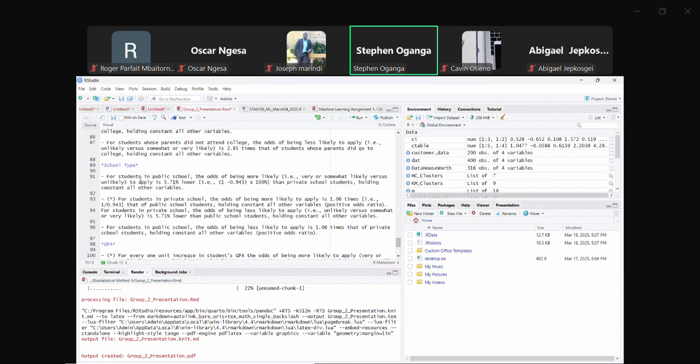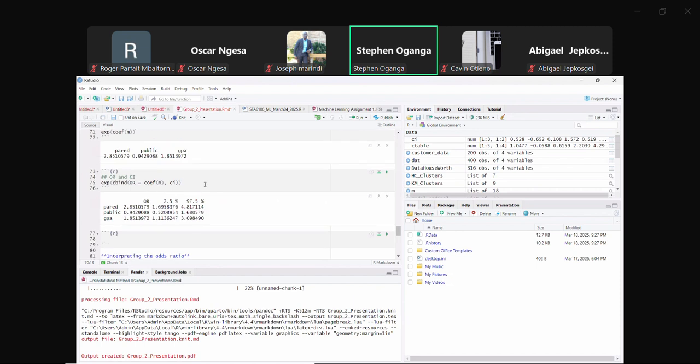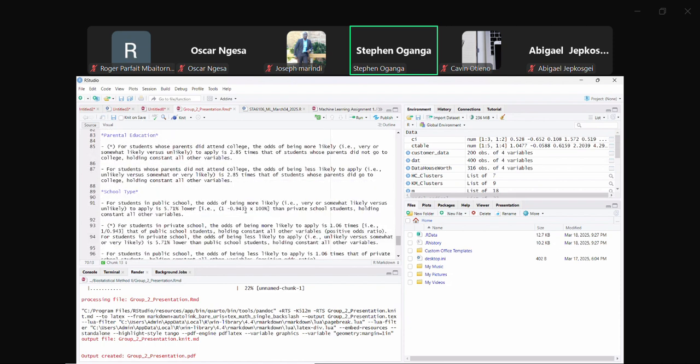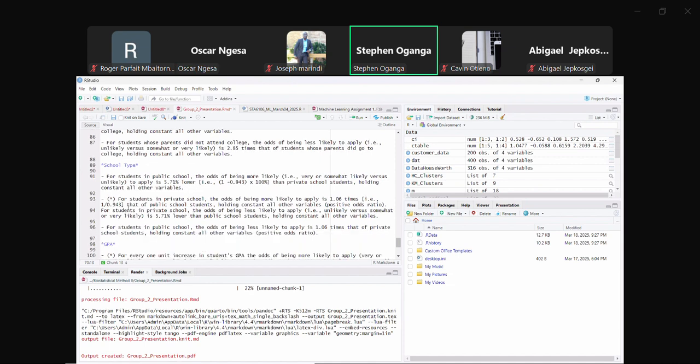For school type, for students in public school, the odds of being more likely, in the bracket of very or somewhat likely versus unlikely, to apply is 5.71% lower. That's the difference, because it was less than 1. Here we had 0.94, so we had to subtract this value from 1. That's what's happening here. Than private school students, holding constant all other variables.